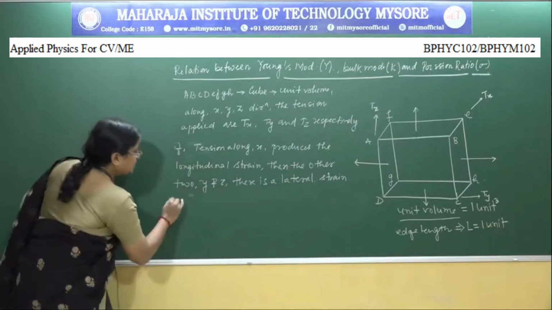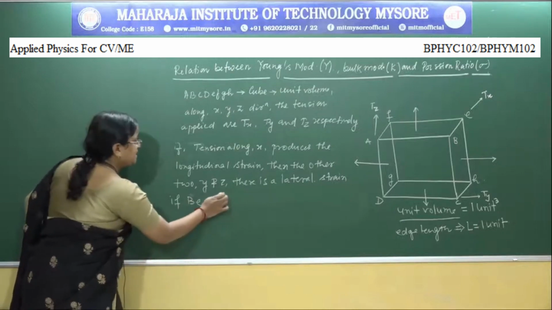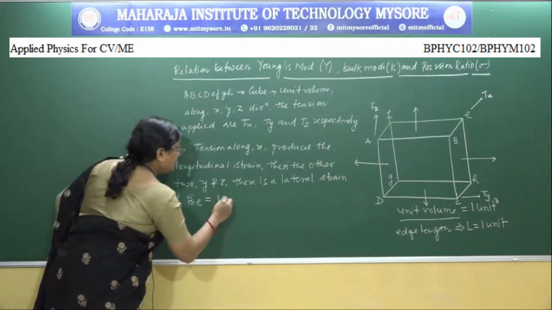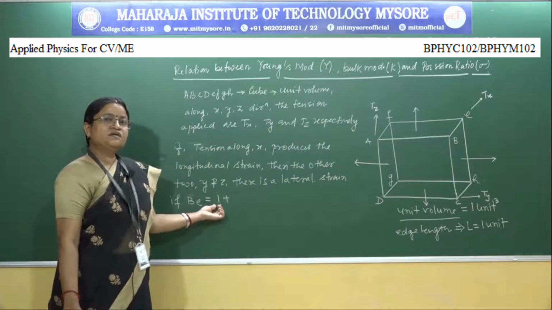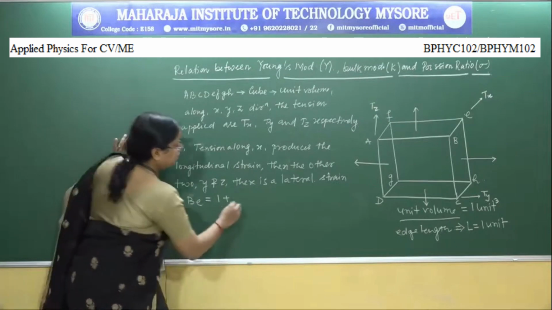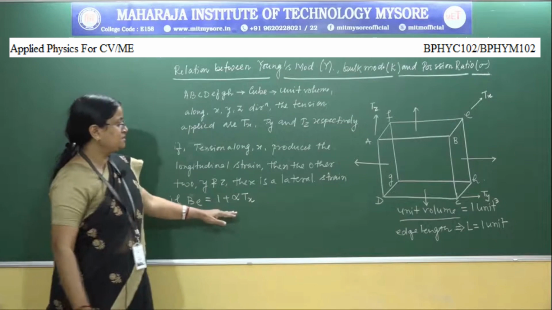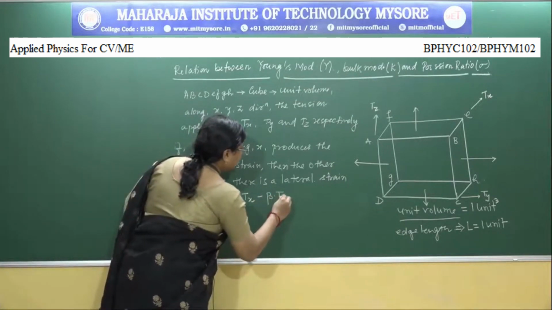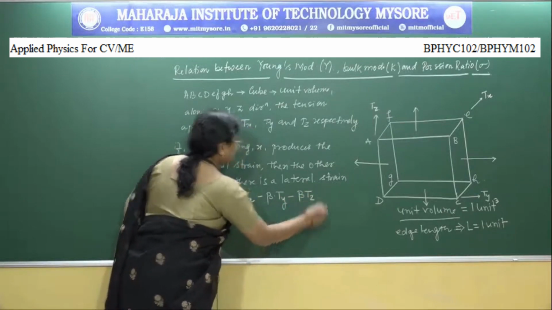So, if we calculate the edge length now along x direction, that will be equal to 1 plus, originally it was 1, as we have considered the edge length to be 1 unit. So, 1 plus the elongation, which is alpha Tx, and the compression, which is minus beta Ty minus beta Tz.